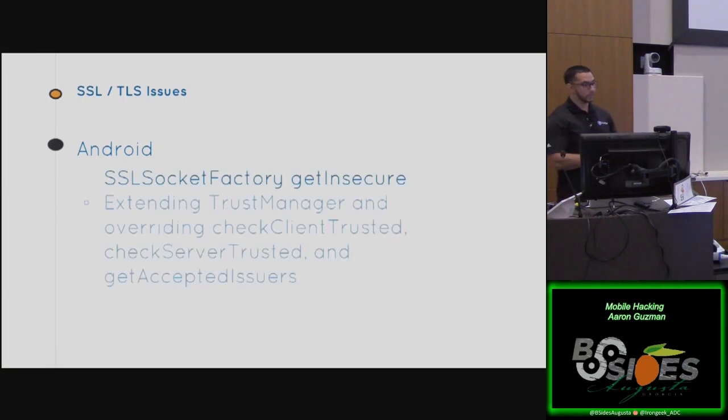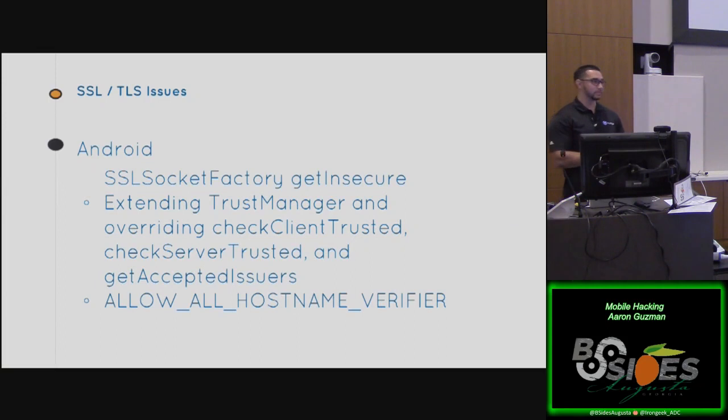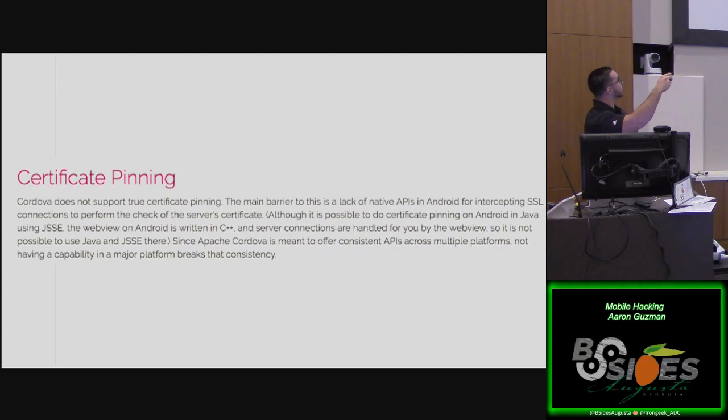These are the vulnerable Android APIs that I search for as well. This is easy. When I get the application, I decompile it and open it up in JD-GUI, and I'll show you in a bit. Something to note: Cordova doesn't support true certificate pinning. So if a mobile app or a banking app is using Cordova, keep that in mind.